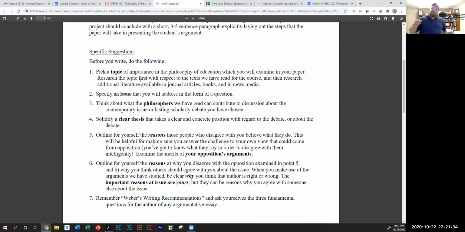Now, the issue, when you talk about an issue, is more focused, and for my purposes, an issue should be understood as a question to be answered with your thesis, and that people might answer differently. So, for instance, should teachers see as part of their purpose the advancement of social justice in education?